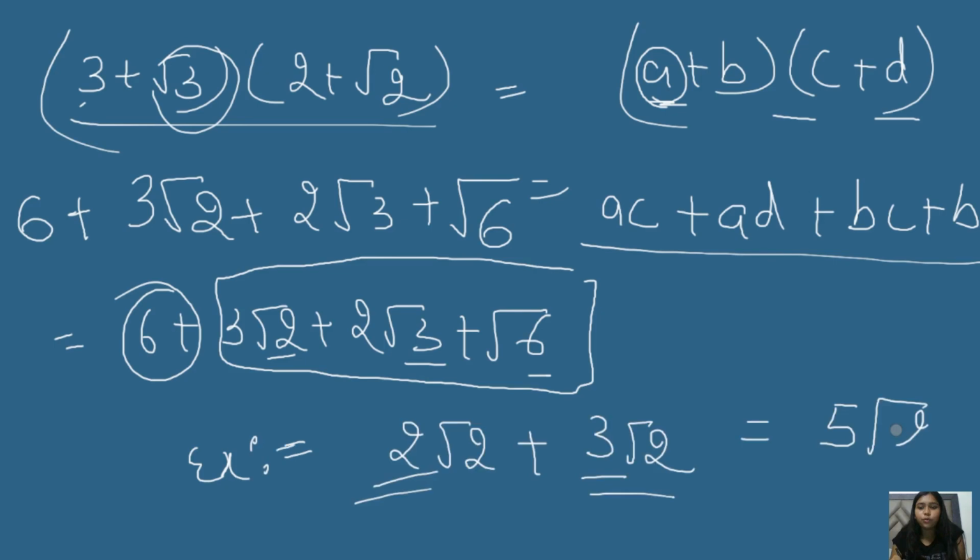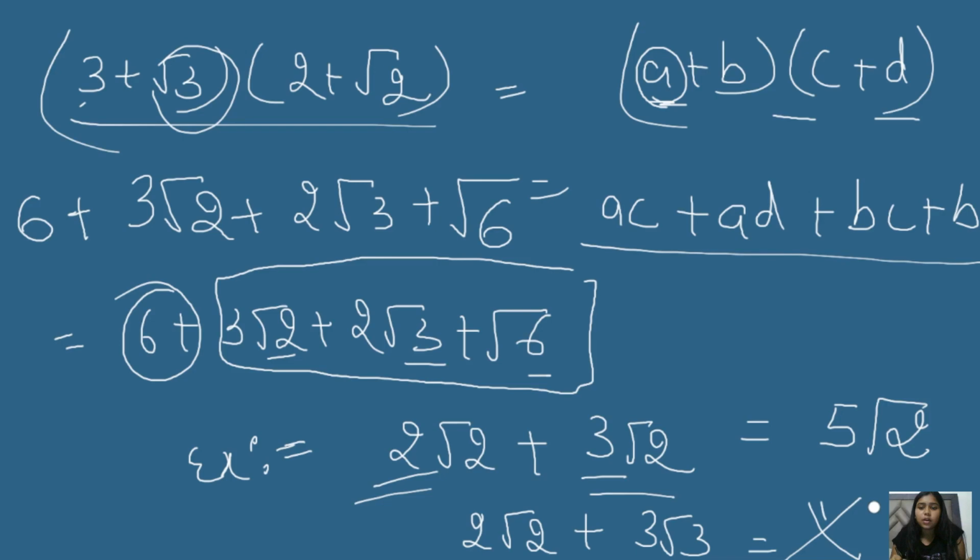But if 2 root 2 plus 3 root 3 is given, then we just can't add it, because both of them have different roots.